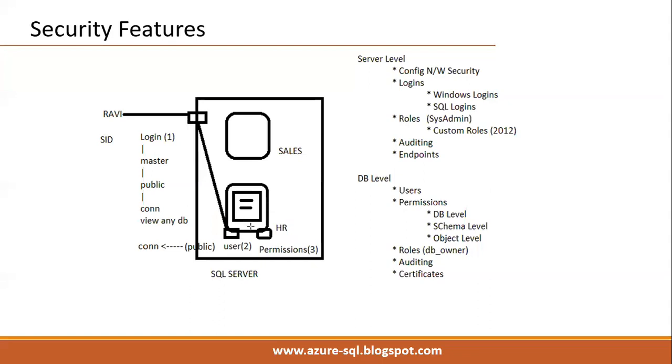Next, auditing is there here also. We can capture the user activities. Certificates are there, basically to implement encryption and decryption. Passwords and credit card numbers should all be stored in an encrypted manner.